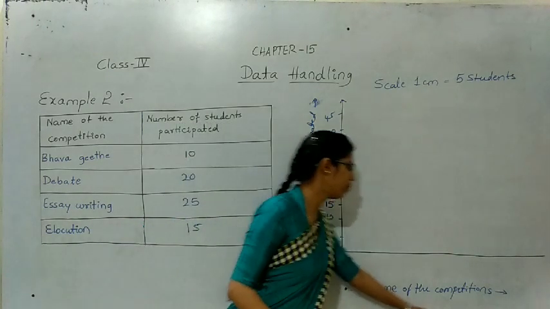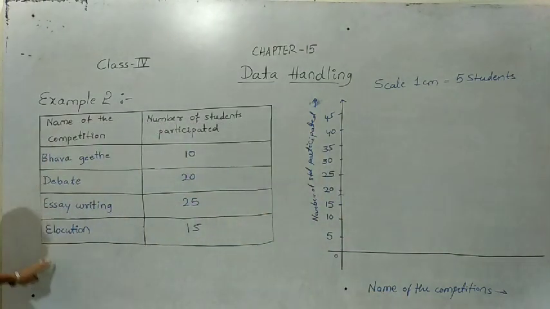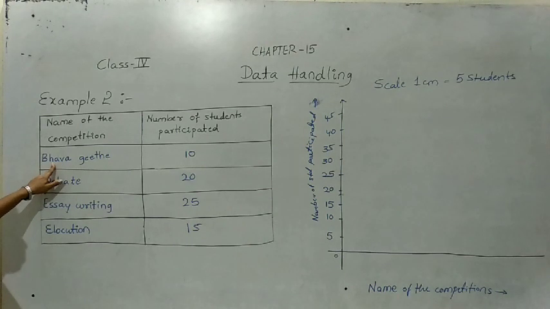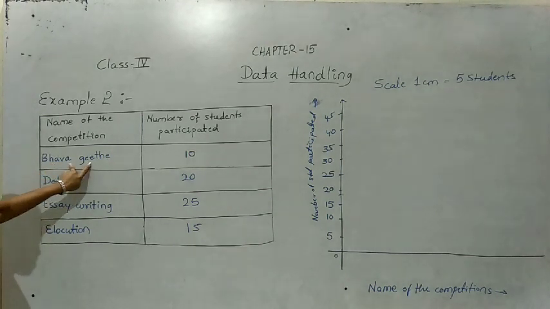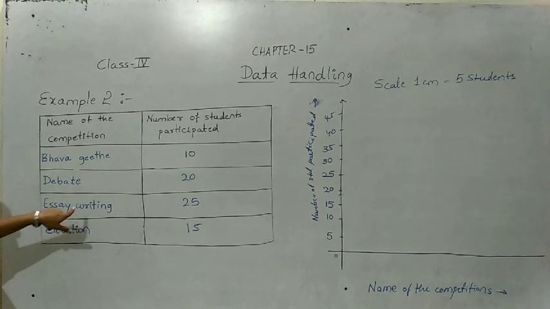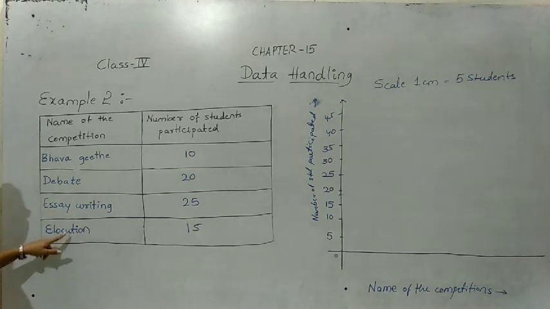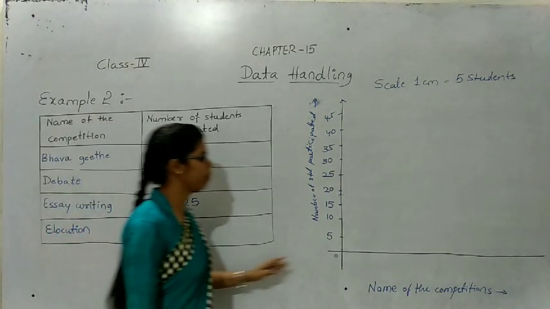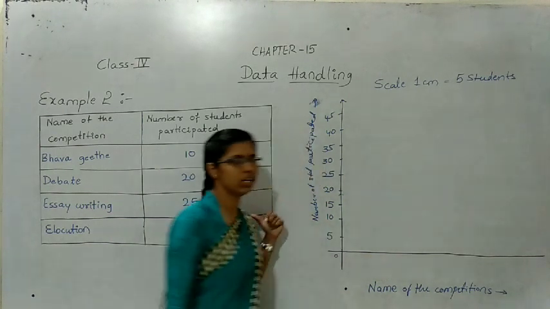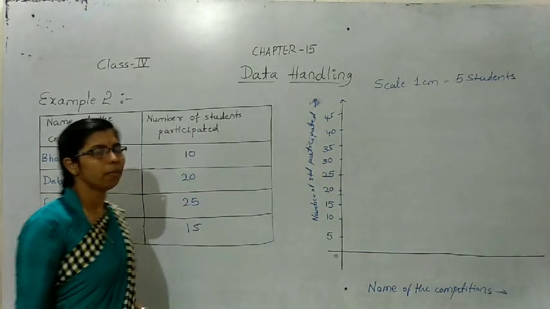Here the names of the competitions are there. So how many competitions are there? 4. First one is Bhavagite, debate, essay writing and elocution. These 4 competitions. By using the table, now I will draw the bar graph.